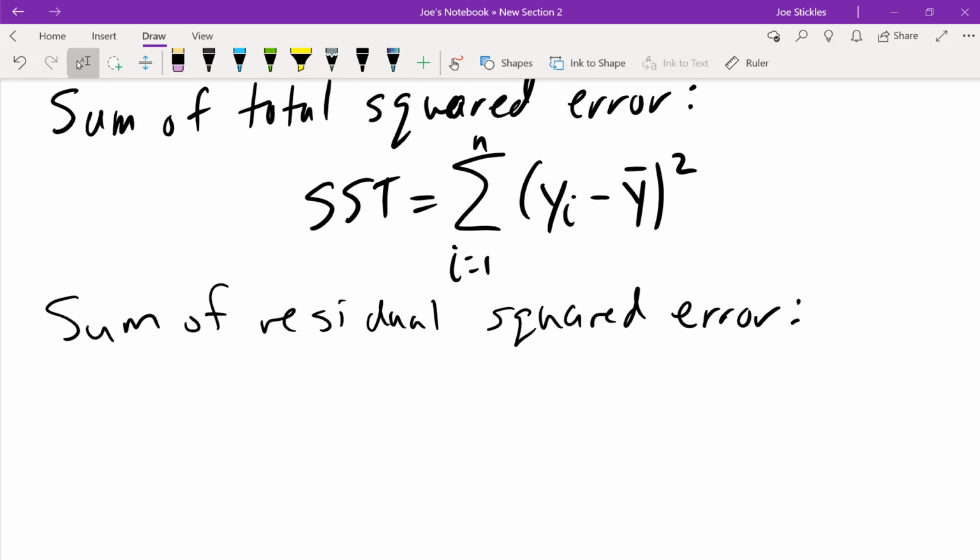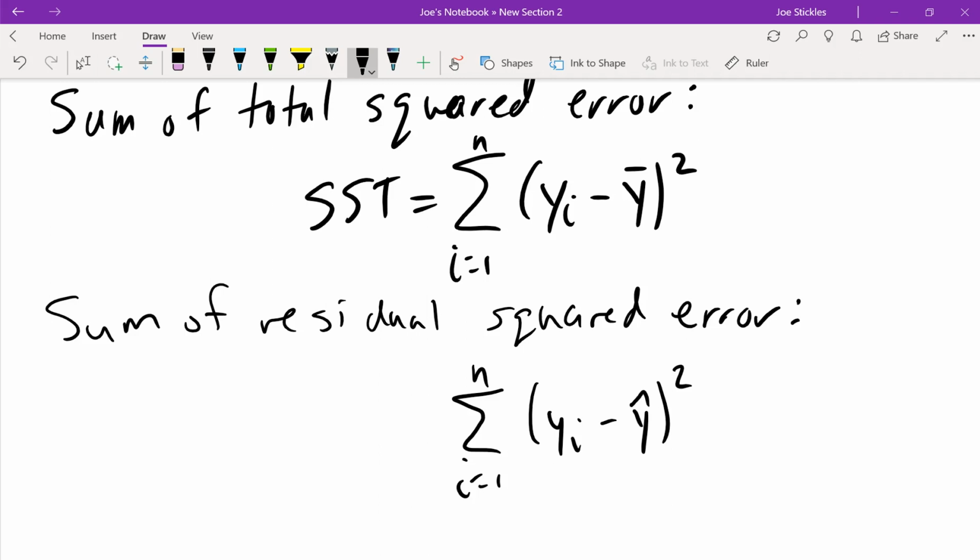So your sum of the residual squared error is the sum from i equals 1 to n of y_i minus y hat, squared. What's our SSR?